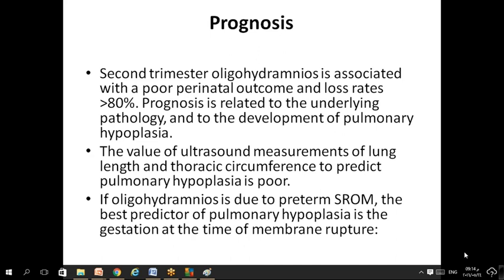And the gestational age can be very critical, especially if it happens during the second trimester or before 20 weeks. There is a high chance of poor perinatal outcome, especially if there is a cause like renal agenesis. This is incompatible with life actually, okay, and pulmonary hypoplasia will occur.